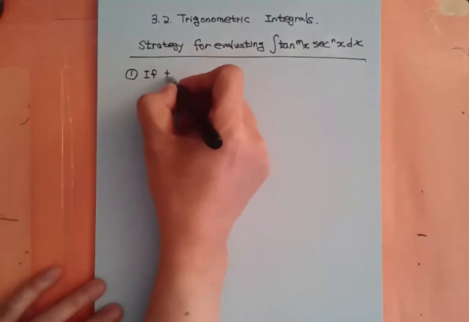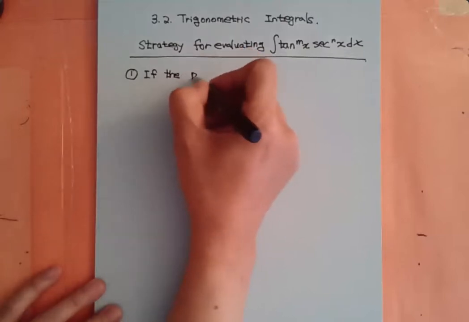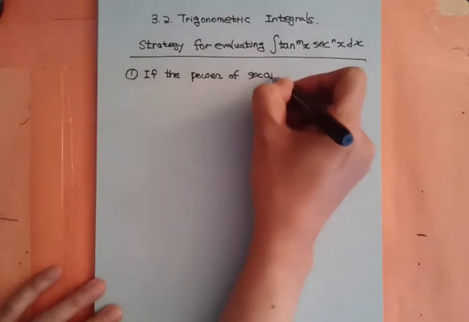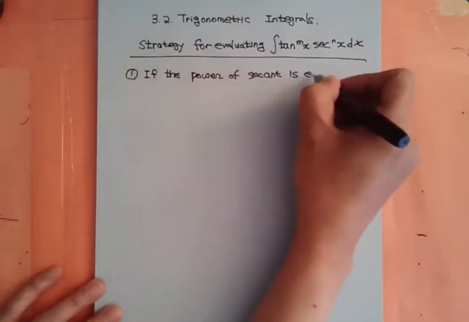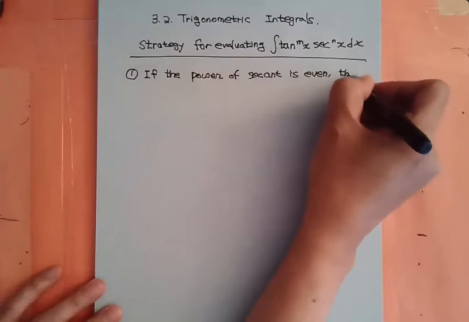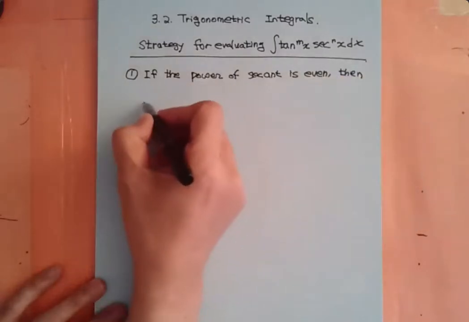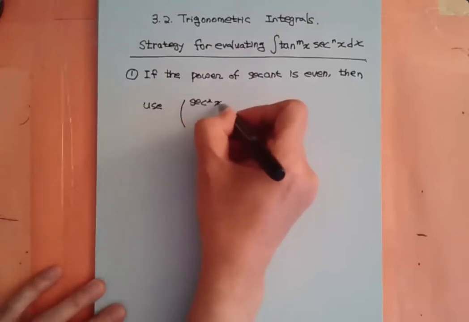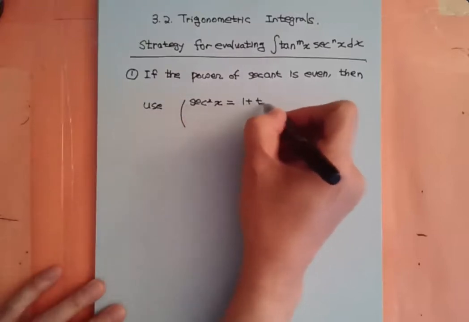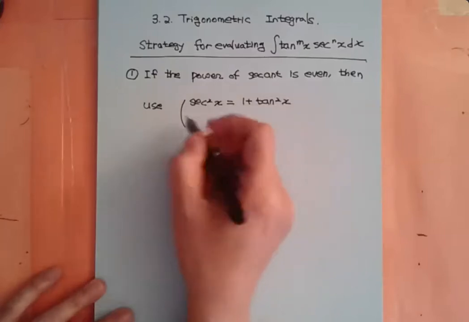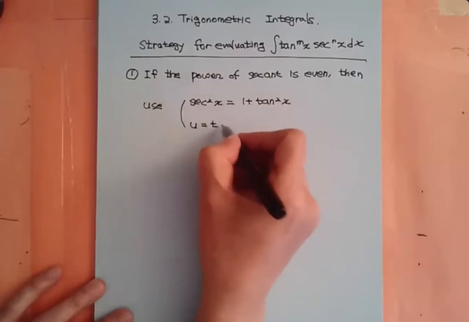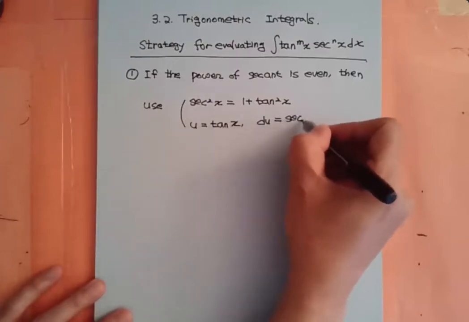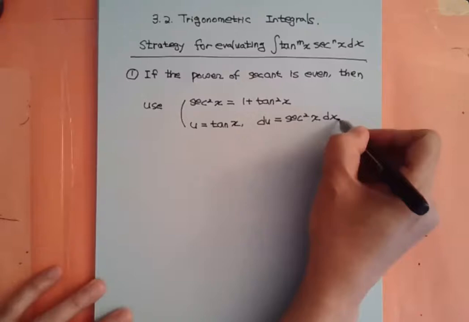Let me just state first: if the power of secant is even, then we will use secant squared of x equals 1 plus tangent squared of x, and u equals tangent of x, and du equals secant squared of x dx.